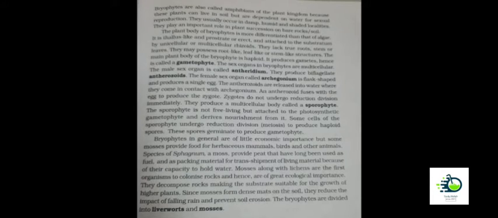The antherozoids are released into water, where they come in contact with the archegonium, and an antherozoid fuses with the egg to produce the zygote. The zygote does not undergo reduction division, which means meiosis, immediately. It produces a multicellular body called the sporophyte, which is not free living but attached to the photosynthetic gametophyte and derives nourishment, meaning food, from it.